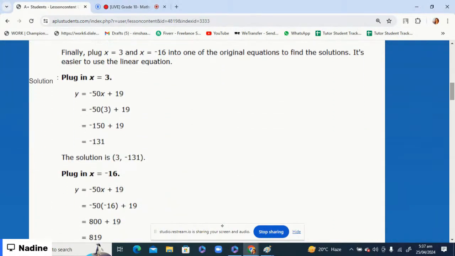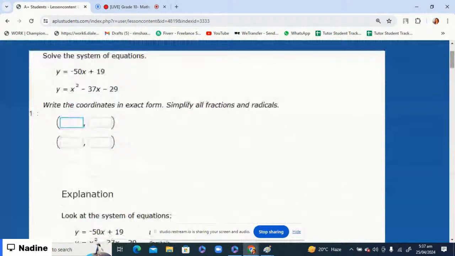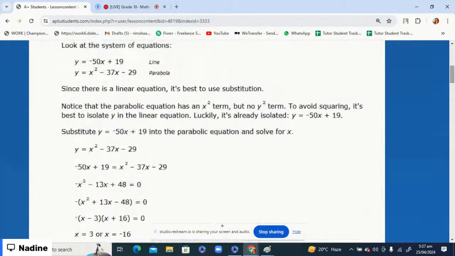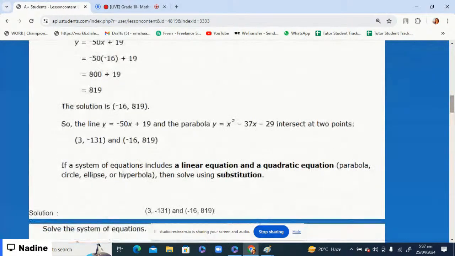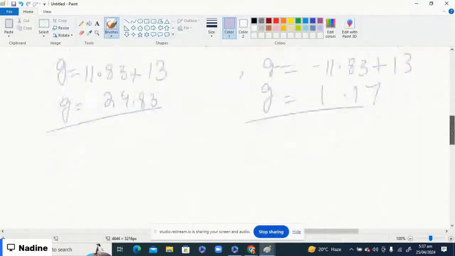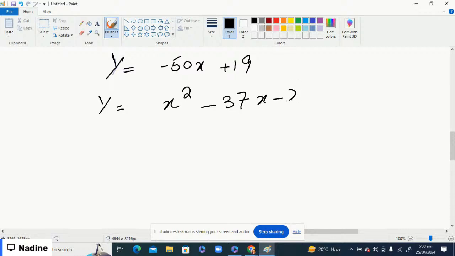For example, let me write here a question. y is equal to minus 50x plus 19, and y is equal to x square minus 37x minus 29.